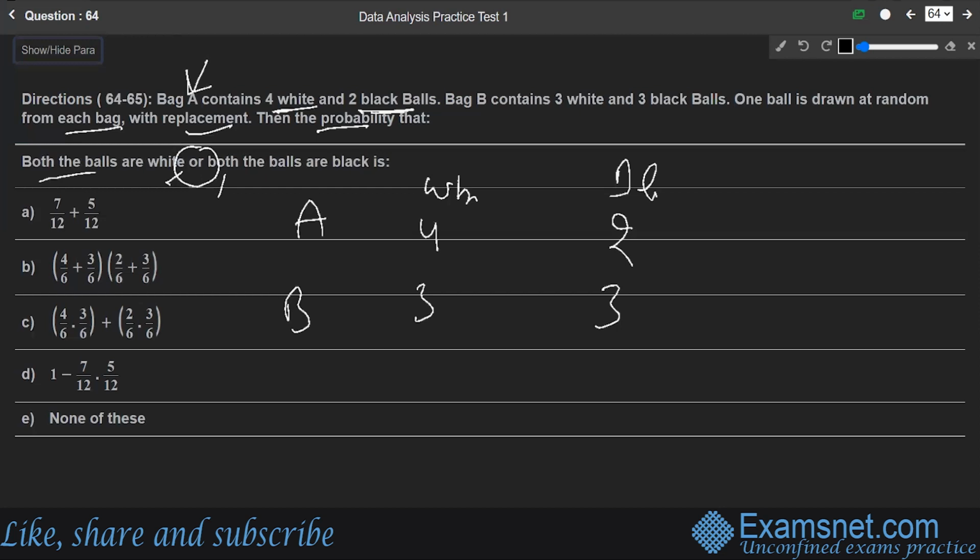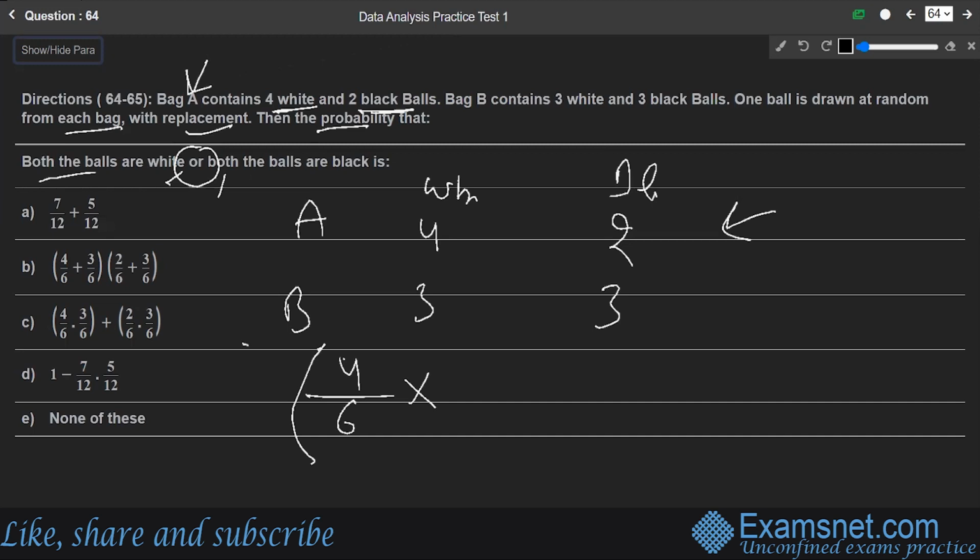First, let's find out in how many ways a white ball can come from bag A. What is the chance of one white ball coming from bag A? There are 4 white balls in total, and the total number of balls in that bag is 4 plus 2, 6. So the probability of a white ball from bag A is 4 by 6, multiplied by, since if both balls have to be white, the second ball also has to be white. Whenever there is a definite situation in probability, we multiply.